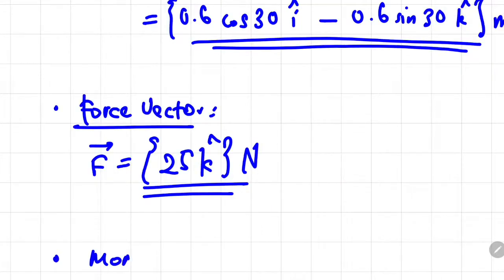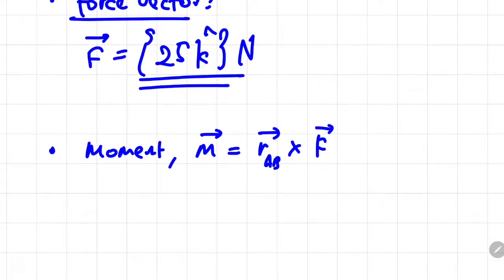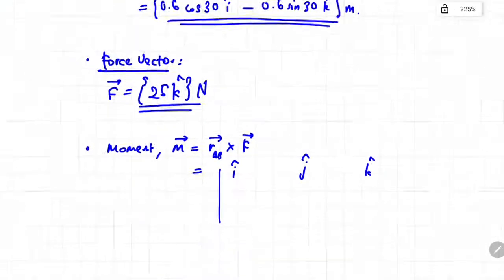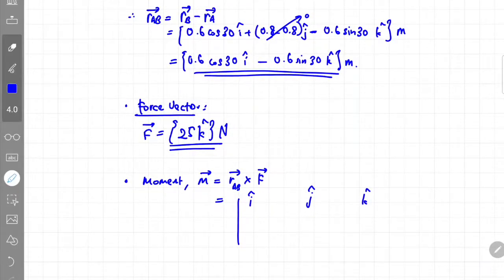Now all the information is complete. You can calculate the moment vector by using the formula of position vector connecting between the couple forces cross product with the F. So if you recall, the cross product is much more convenient if you rewrite it in a matrix form, whereby the first layer is the IJK direction, and then the second layer would be the position vector connecting between the couple forces, which is this one.